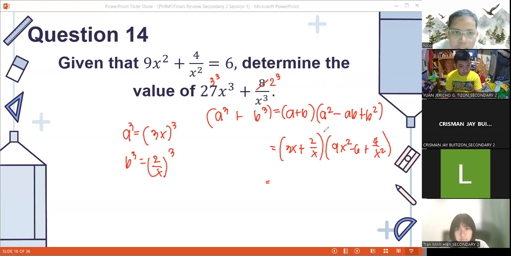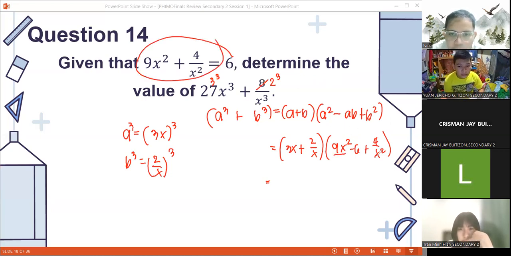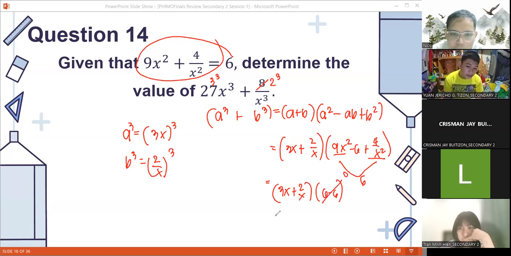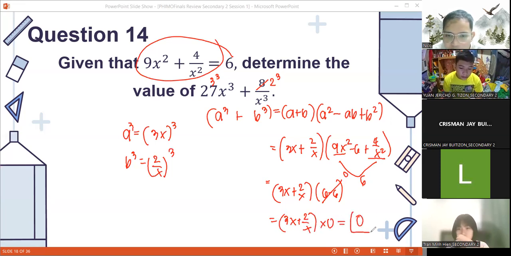So this one here, it's given that this is equal to 6. So this is 3x plus 2x times 6 minus 6, which is equal to 0. So any number you multiply to 0 is just equal to 0. So the answer here is 0.